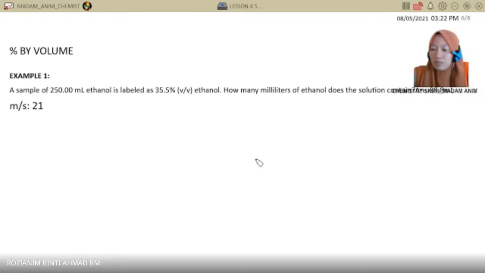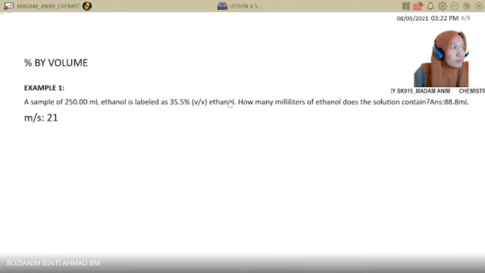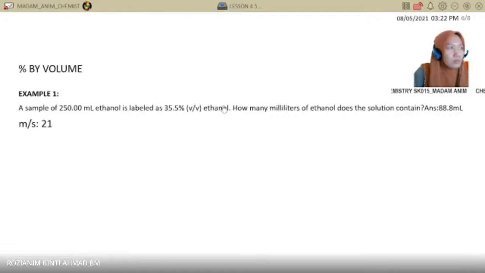Soalan nombor 1, percentage by volume, page 21. Kejap, Madam. It's okay, take time.